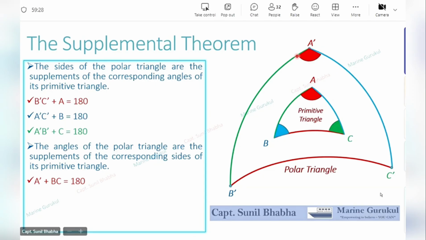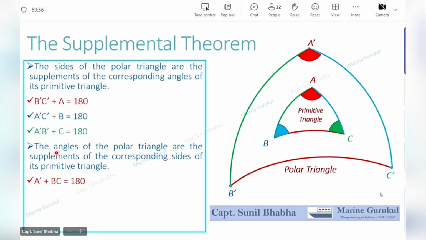Angle A' and its corresponding side, meaning the side opposite to it in the primitive triangle, is side BC. BC is the red color side. So angle A' plus side BC of the primitive triangle will add up to 180. You can see that noted down here: A' plus side BC of the primitive triangle is equal to 180.